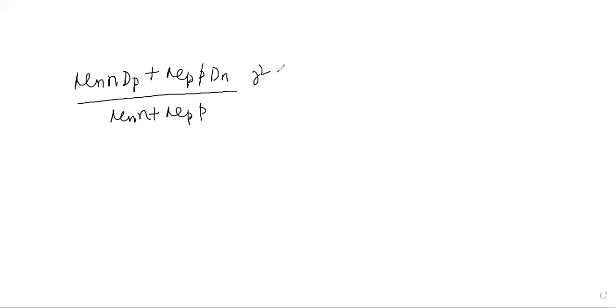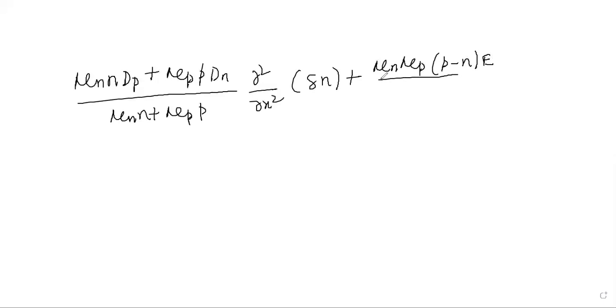Then you have, these are the coefficients of ∂²/∂x² of Δn, the second order, plus the second term was μn μp and (p minus n) E, right? Then divide this whole thing again with μn plus μp, and then the first order ∂/∂x of Δn, right?